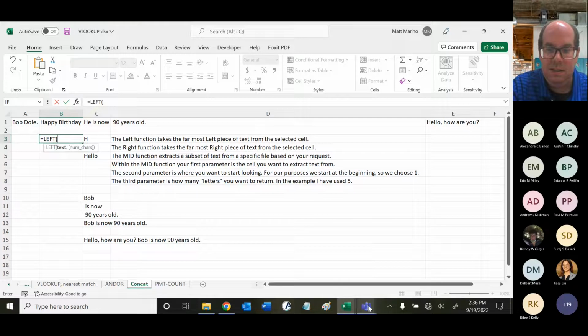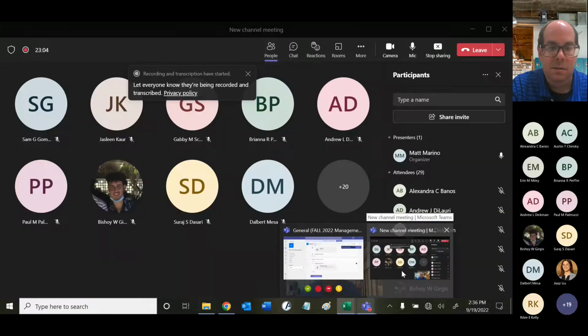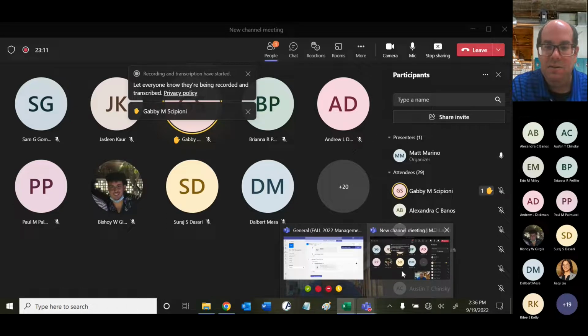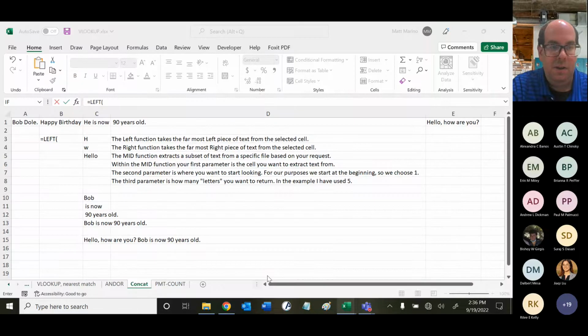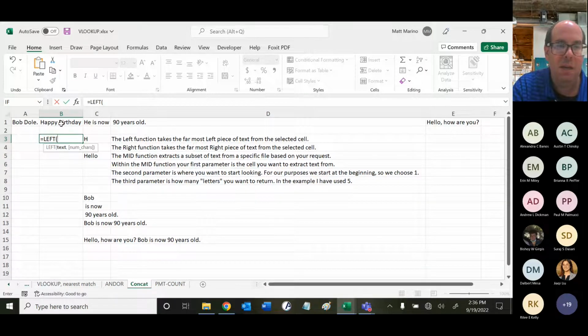Any guesses? Suraj, how would I get all of happy? Could you repeat it? So if I want to use the left function to get the entire word happy out of cell B1, what would I have to do?